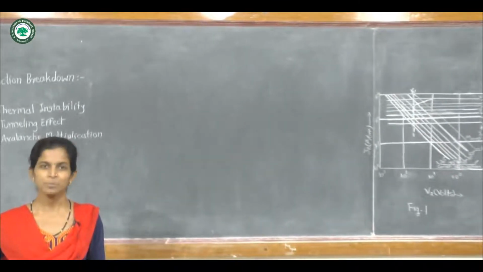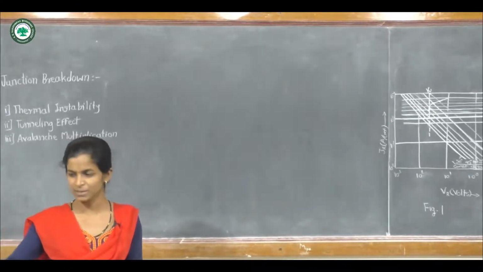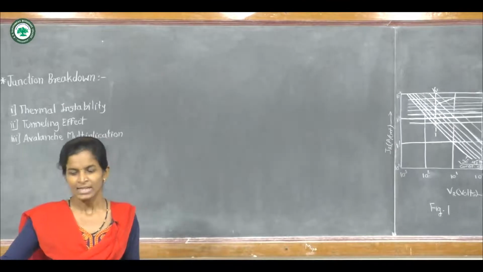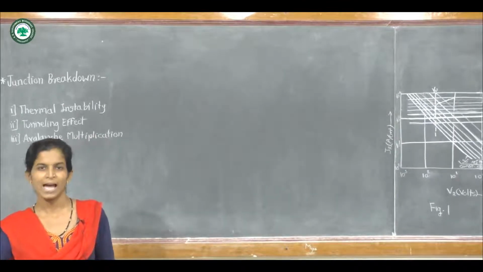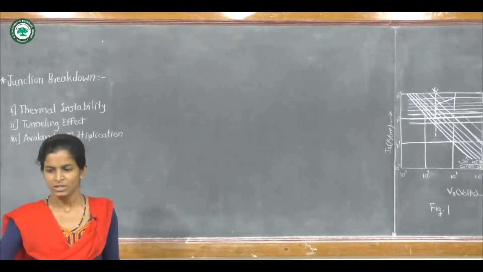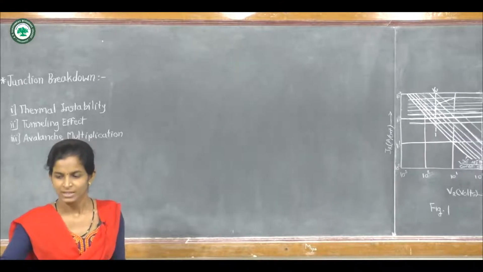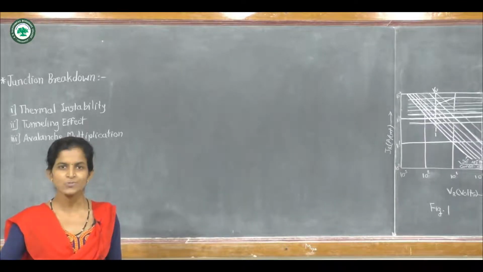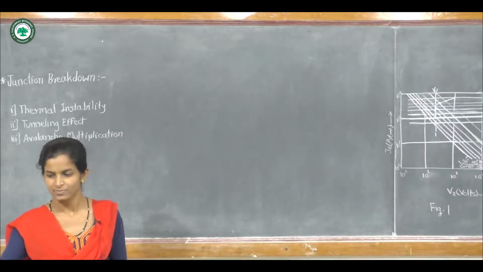Each line represents current at the constant junction temperature. The heat dissipation curves, proportional to the IV product, are shown as straight lines in the plot. These lines correspond to curves of constant junction temperature.